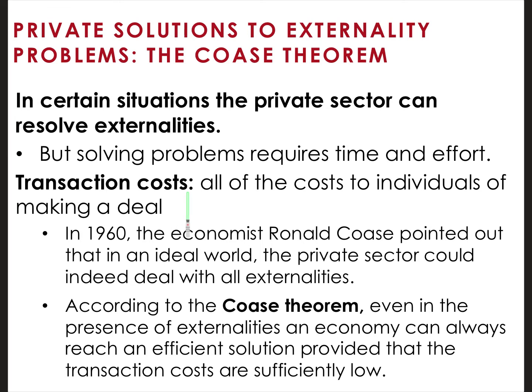So the more people involved in an externality problem, the harder it is to solve it by getting everybody together to talk. In 1960, Ronald Coase pointed out that in an ideal world, the private sector could indeed deal with externalities under certain conditions. And those conditions are low enough transaction costs so that people can work amongst themselves for an efficient solution.